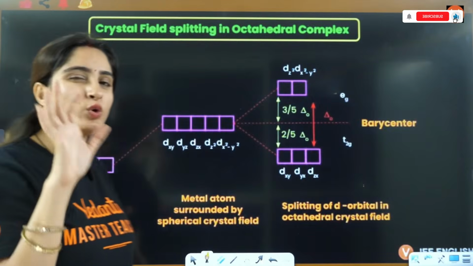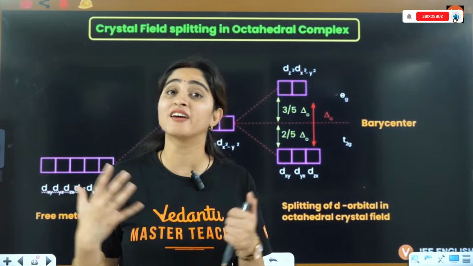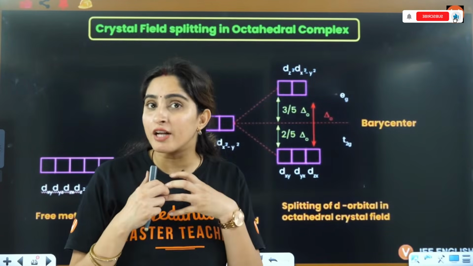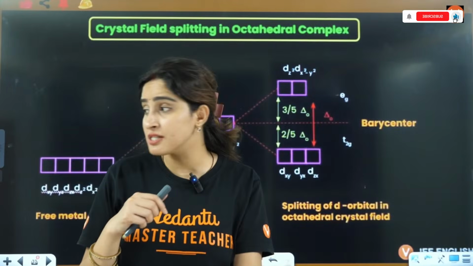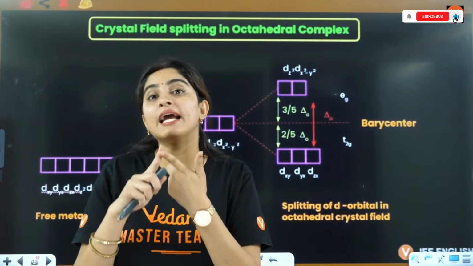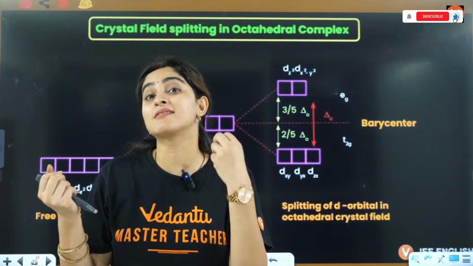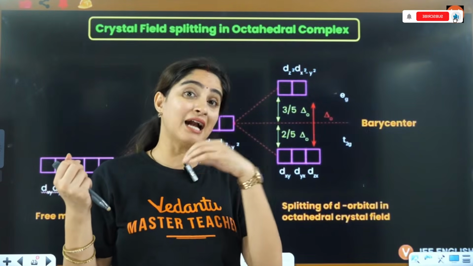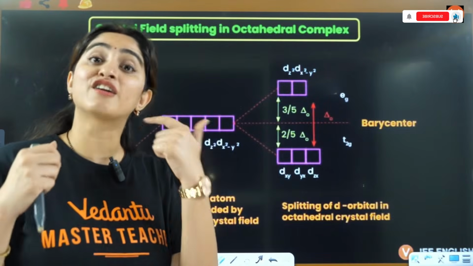Basically, two types of interactions work when ligands and metals are getting attracted. First is attractive force, because we take electrostatic interactions here: the ligand is negatively charged, an electron donor, and the metal is an electron acceptor, like a cation. That is the attraction.